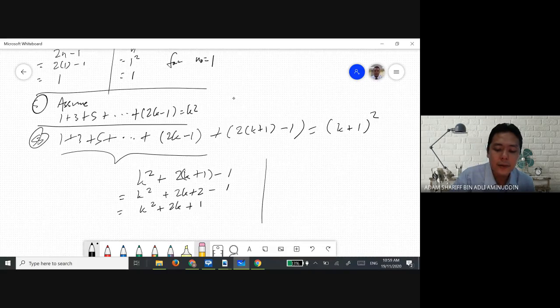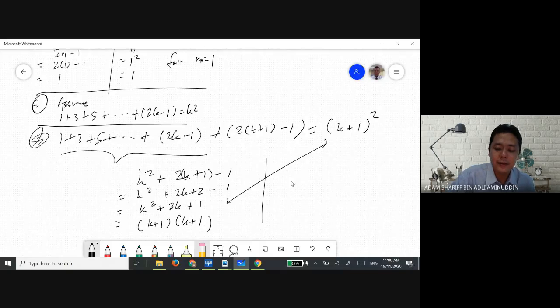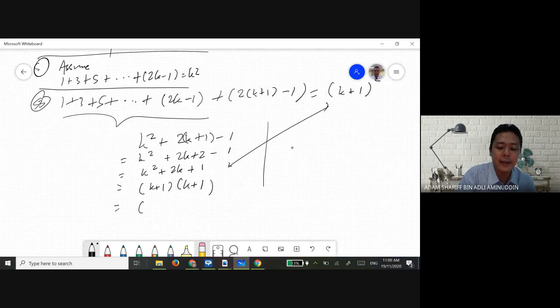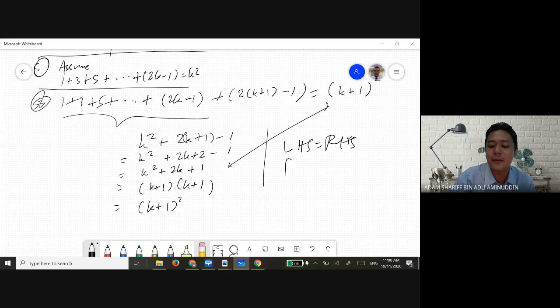Right now, it's not similar yet, but if you factorize it, it will become k plus 1, k plus 1. Simplified, it is k plus 1 squared. Then, left-hand side equals to right-hand side for n equals to k plus 1. Very good.